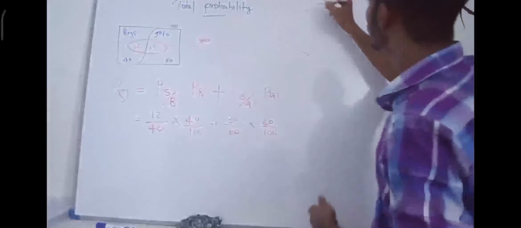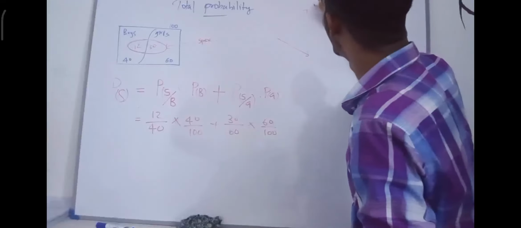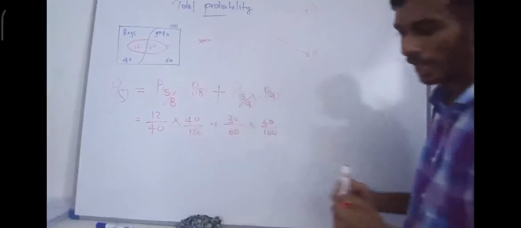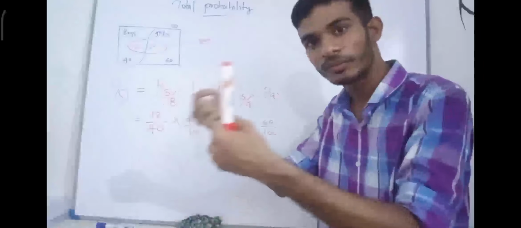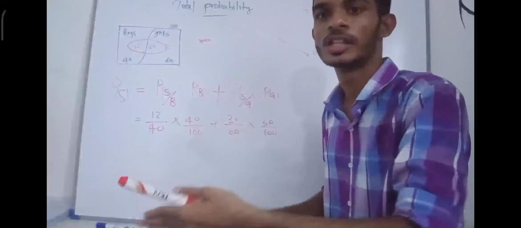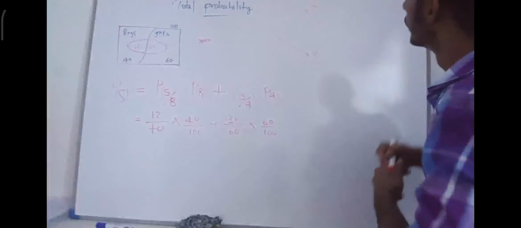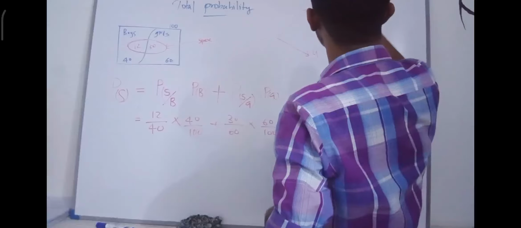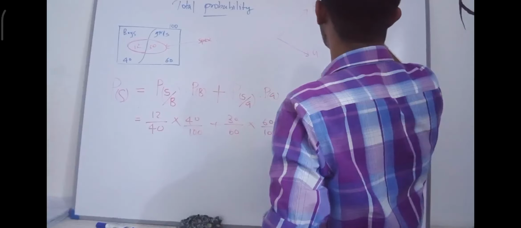Now, I am going to pick a student from the classroom. The student might be a boy or a girl. If I pick a student, I can check whether he or she has worn spectacles or not. So let me take this as spectacles and this as no spectacles.